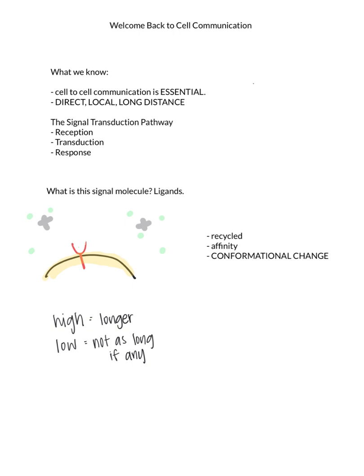Now, when a ligand bonds to a receptor protein, a shape change occurs known as a conformational change within the receptor protein to have a better fit for the ligand.